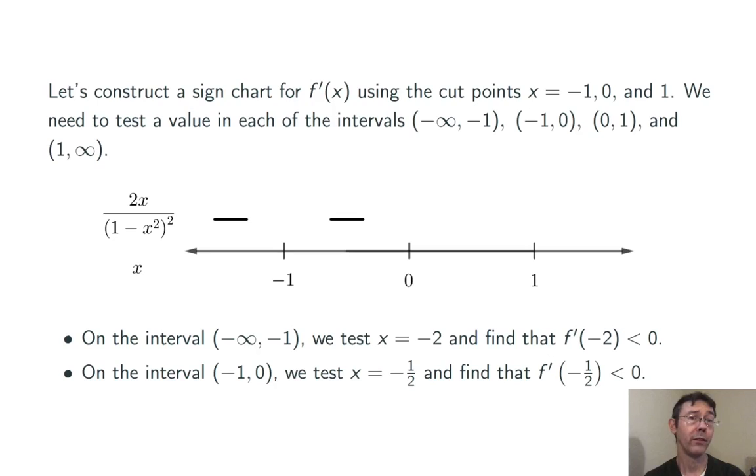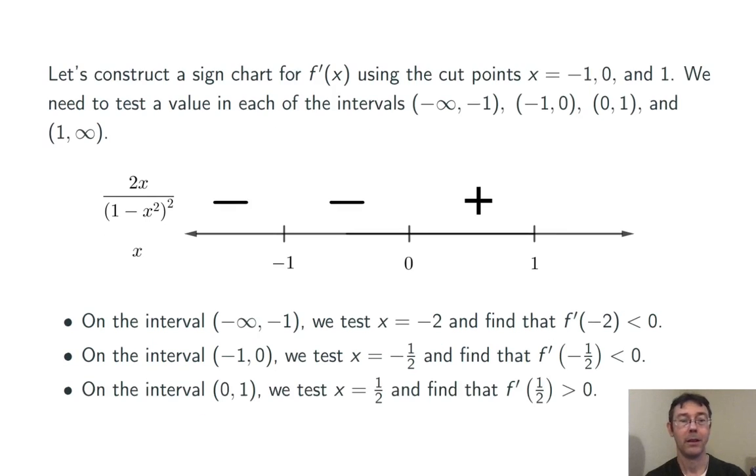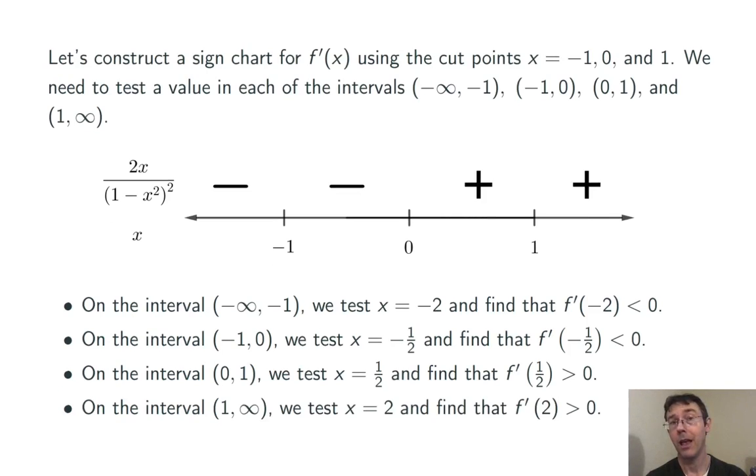From negative 1 to 0, I'll choose the point x equals negative 1/2, and the derivative is negative there, and therefore negative on that whole interval. Between 0 and 1, I pick x equals 1/2, and I find that the derivative is positive. And between 1 and infinity, I pick the value 2, and I find the derivative is positive again.